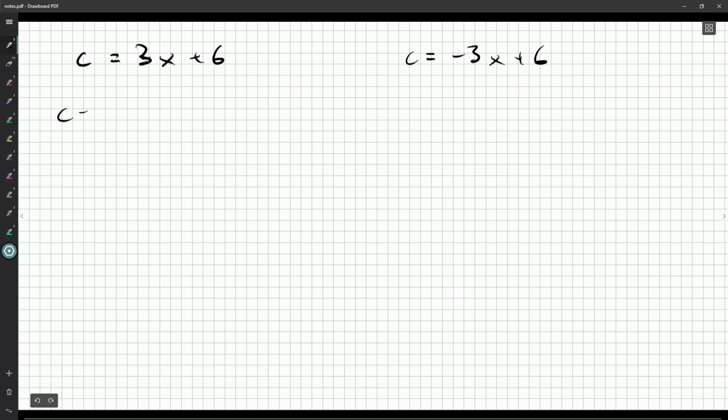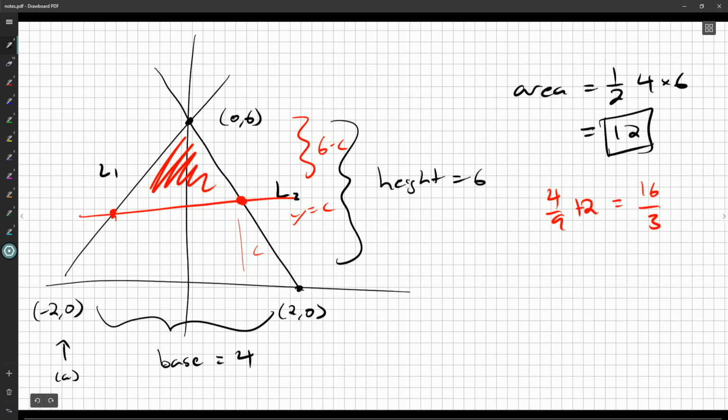So we'll get (C minus 6)/3 and (C minus 6)/-3 for our x values. So the new base, this distance here, well, we're going from (C minus 6)/3 all the way over to (C minus 6)/-3.